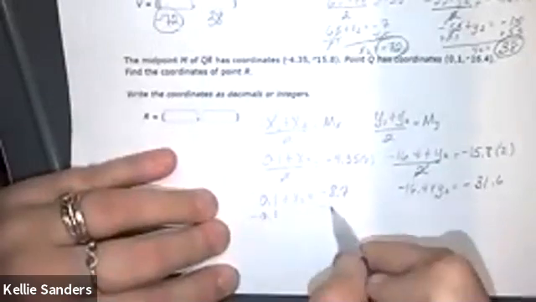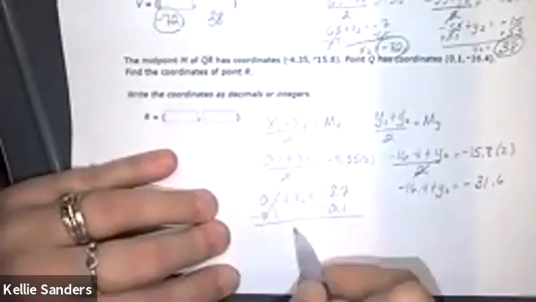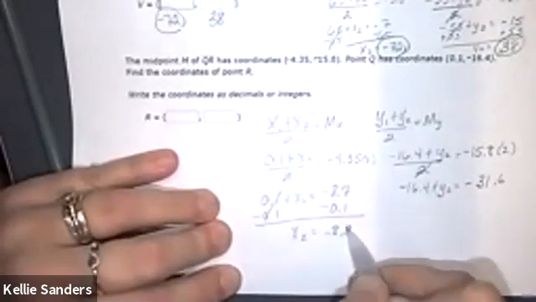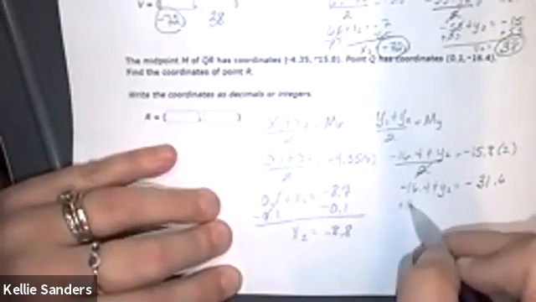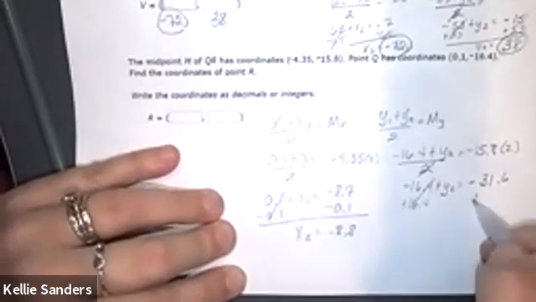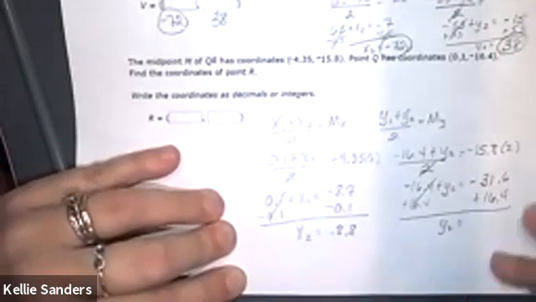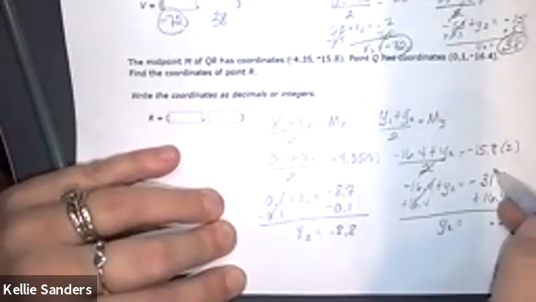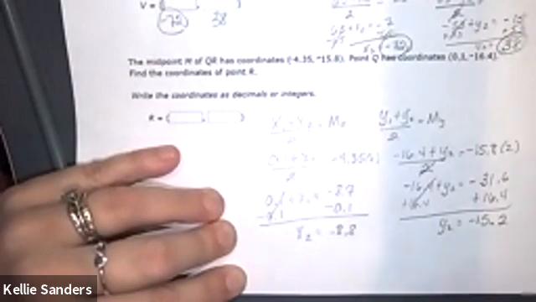Subtract the 0.1. Our X is negative 8.8. Add 16.4. And we get negative 15.2.